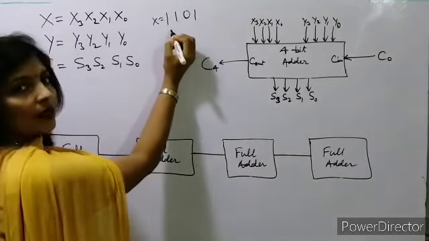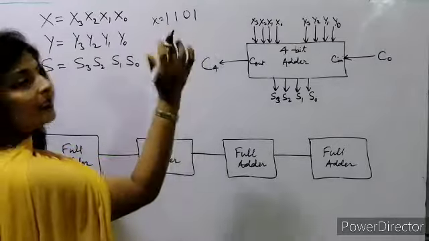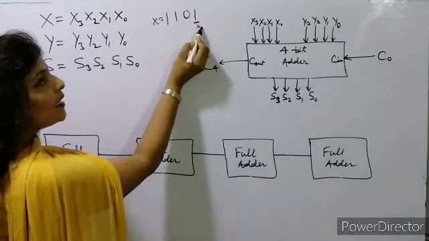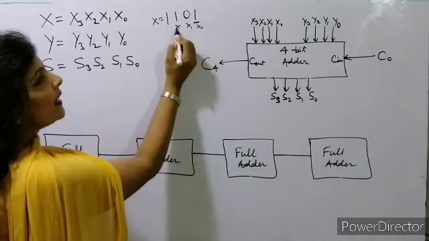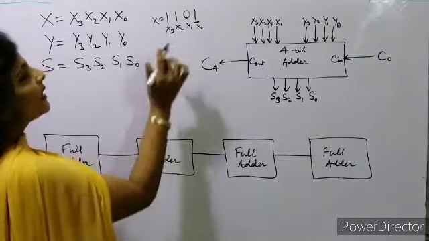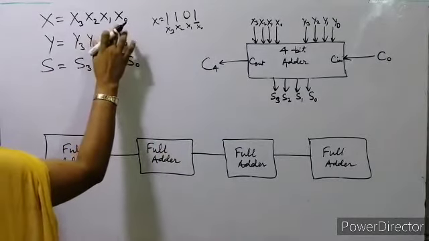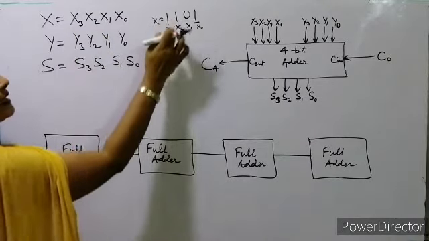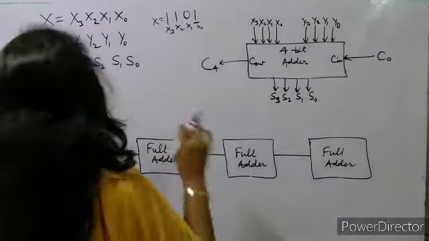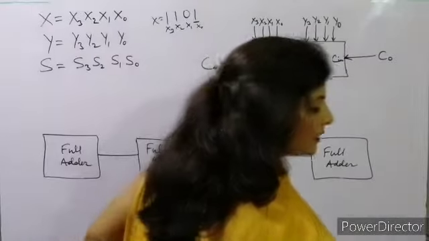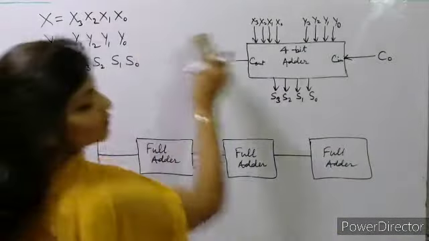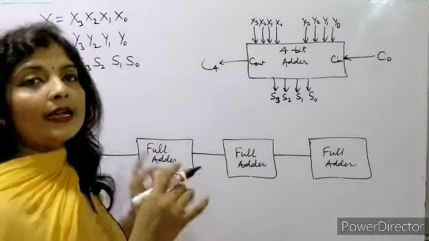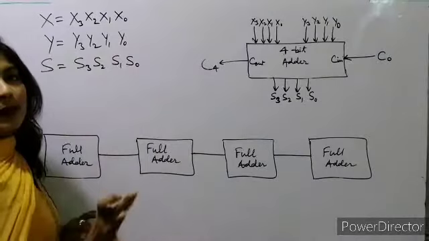If x is a 4 bit binary number, this is x0, x1, x2 and x3. Whatever we have written as x0, x1, x2, x3, these are the values. Similarly, if y is a 4 bit binary value, there will be 4 binary numbers. It consists of 4 binary numbers.